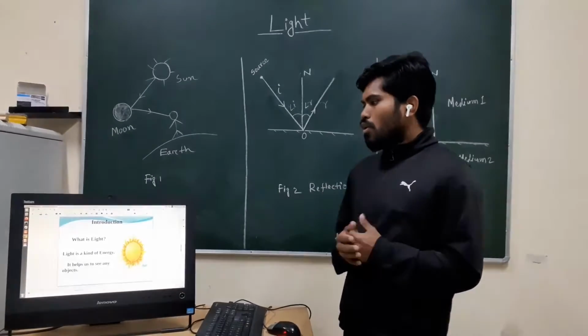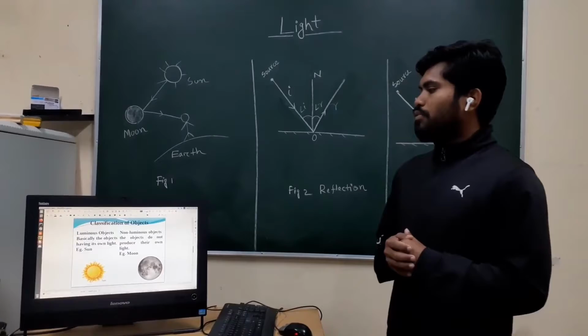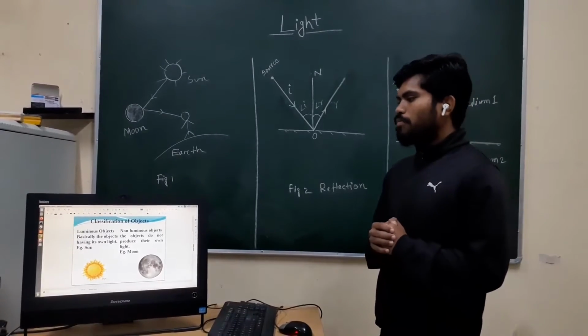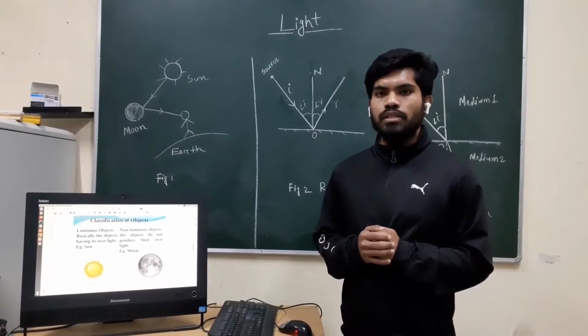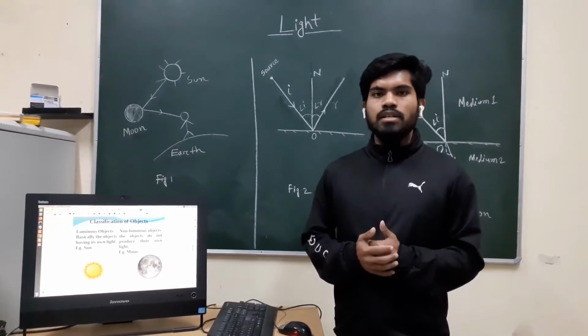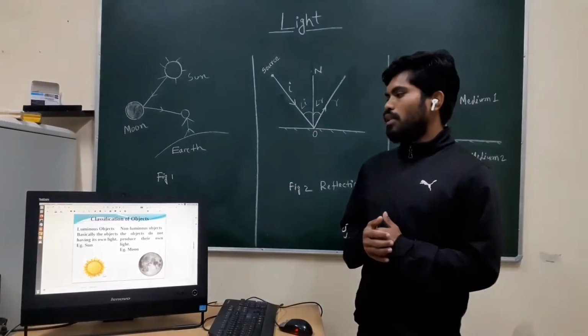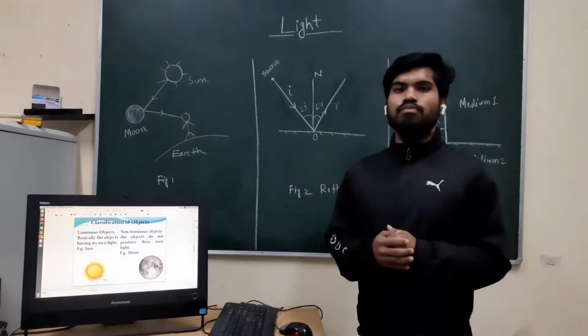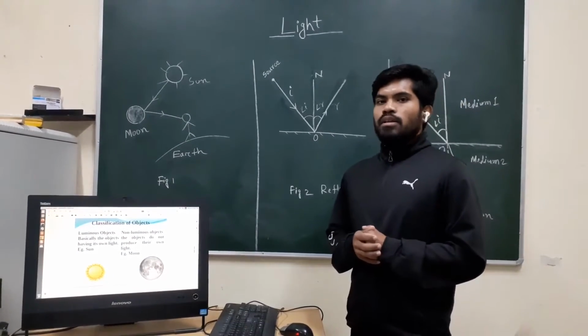Now let's come to the next topic, that is classification of objects. Students, we classify objects in terms of light as luminous and non-luminous. Luminous objects are those objects which can produce light themselves.